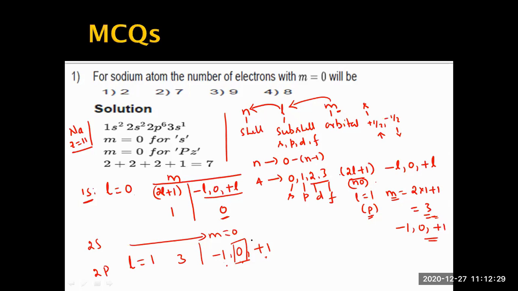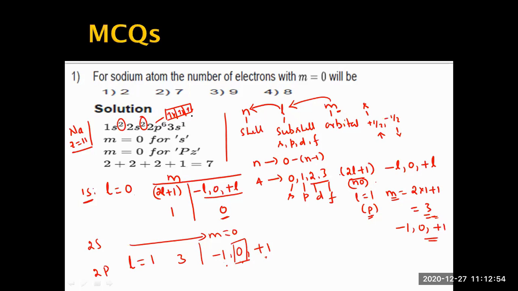Are you understanding? So that means in completely sodium, you need to count the electrons present in s orbitals, because s orbitals have m is equal to 0, and p subshell has 3 orbitals like this, right? There are 6 electrons there.